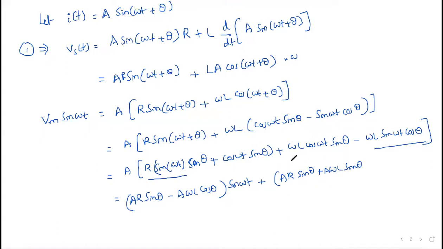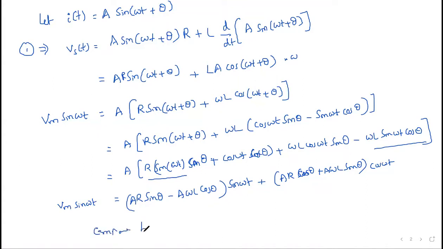Where cos theta? Here cos theta, right? Here cos theta. Cos theta. Done. Into cos omega t. Done. Now from this we compare both sides, sin omega t terms and cos omega t terms.